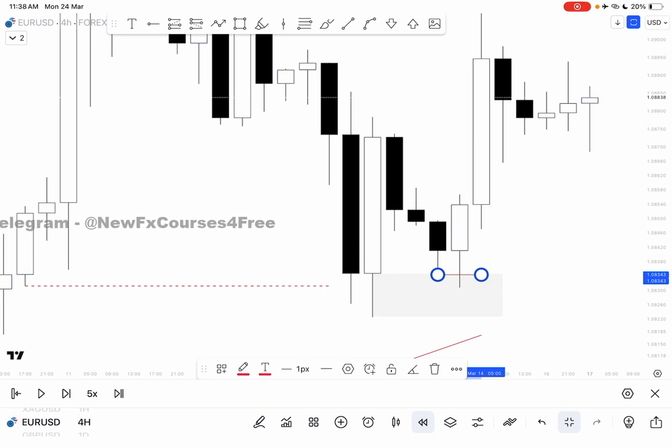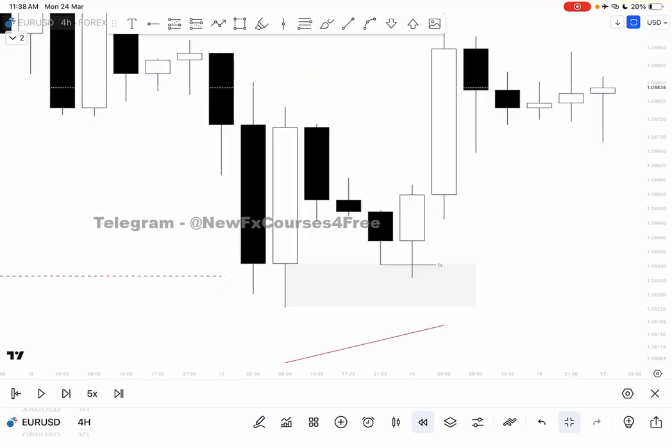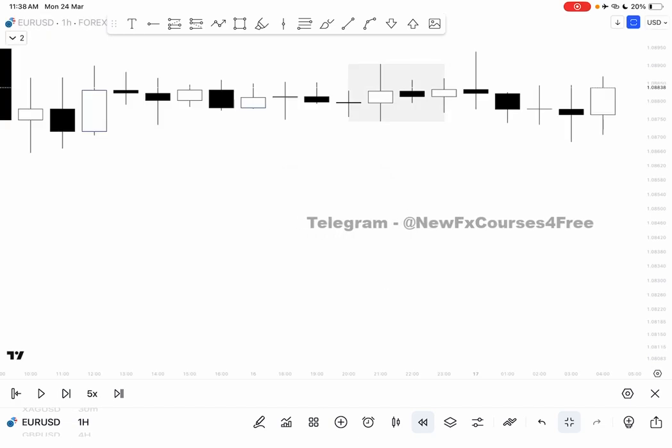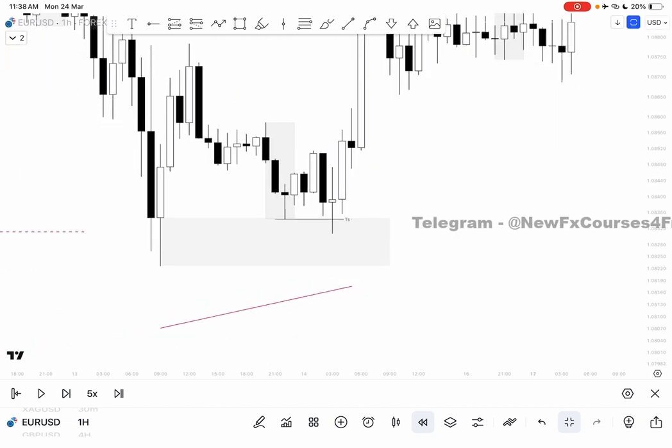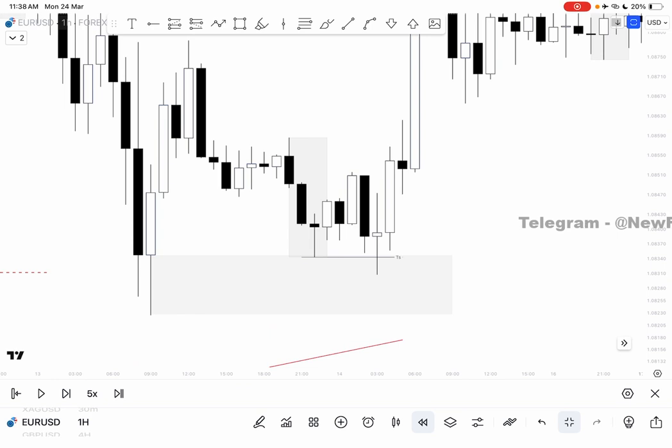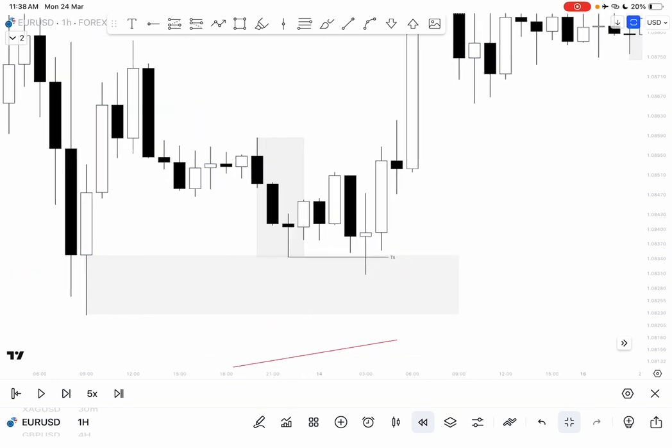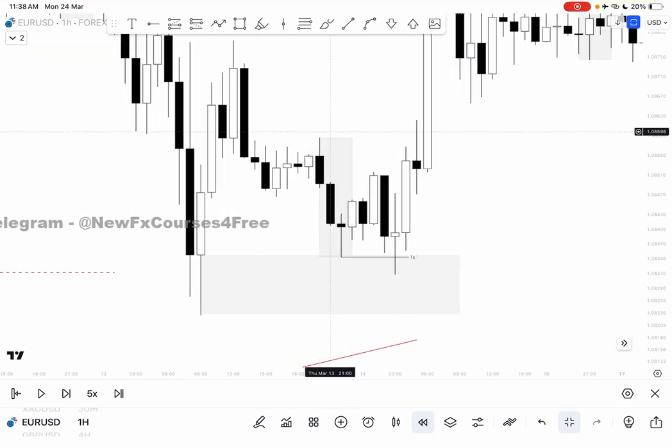Let me just make this turtle soup. So going down to the 1 hour time frame, you can see this was actually our London session secret model in play, and this was the Asian session range.